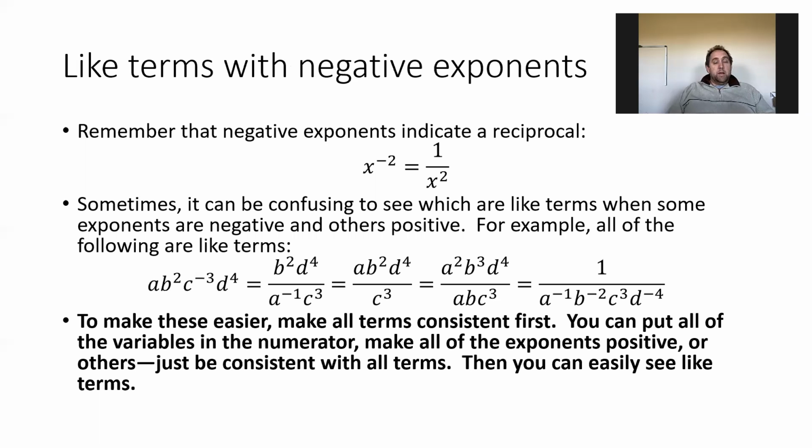Sometimes it can be confusing to see which are like terms when some of the exponents are negative and others are positive. I give an example here of 5 different terms that are all like terms.